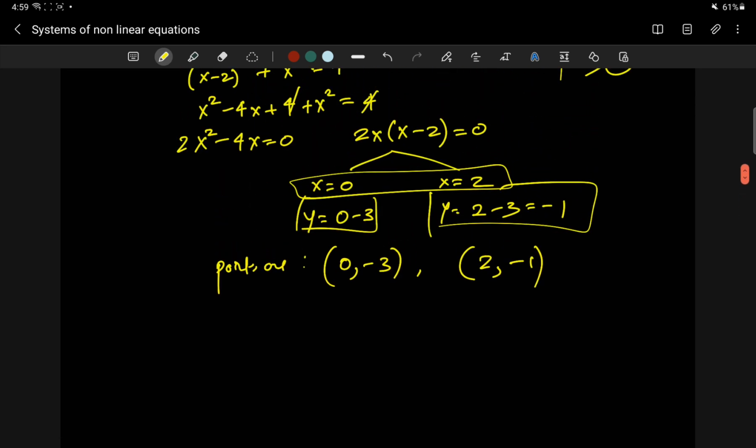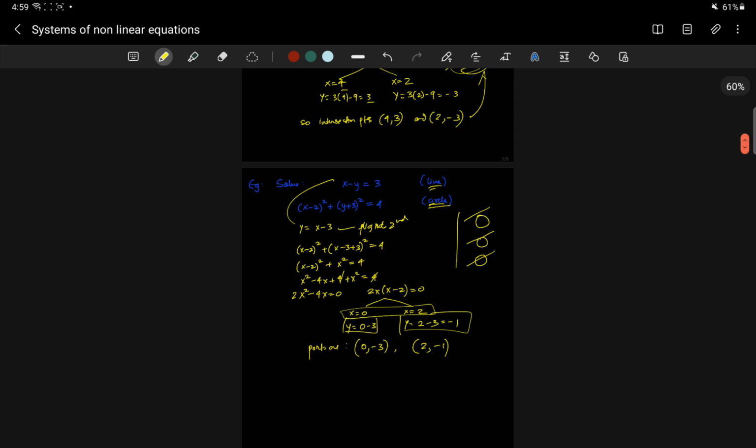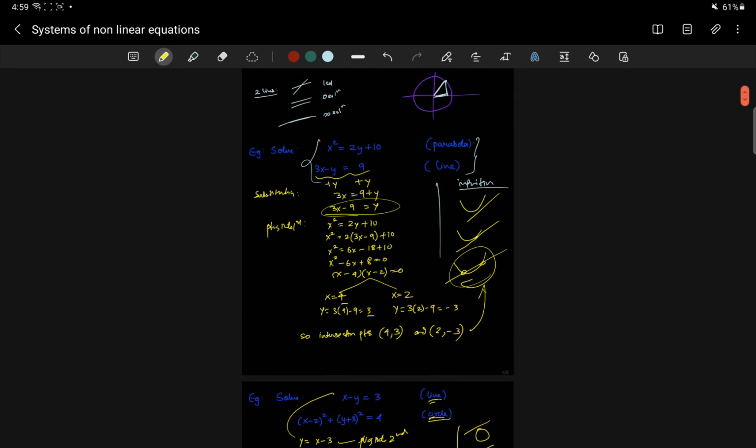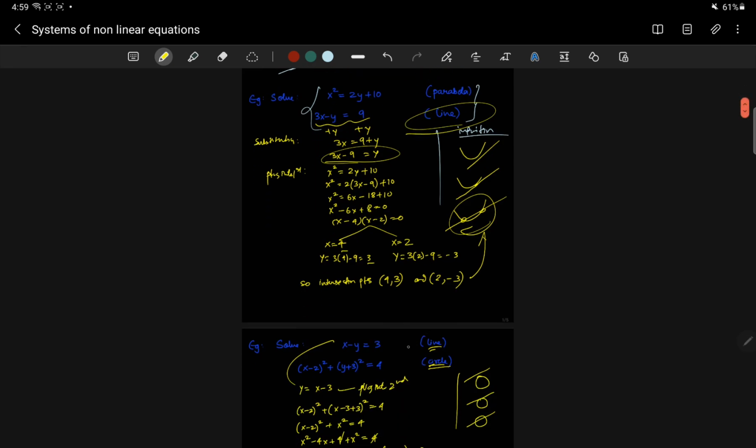Okay, so in the next video we're going to learn another method, which is the addition method. Just to make it clear which method is useful when: if one of the things is a line, then you want to go with your substitution method, because if you have a line, it's very easy to write one variable in terms of the other, and then you can plug them in.